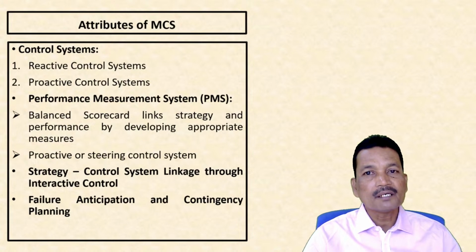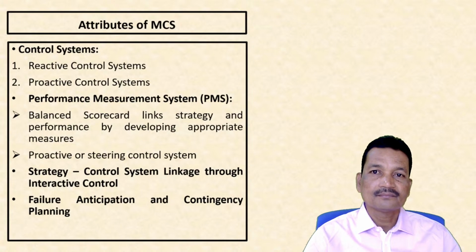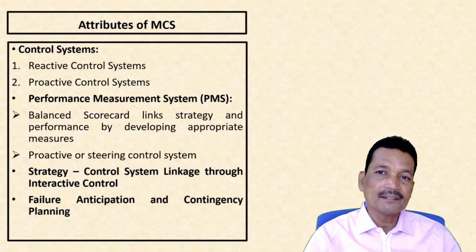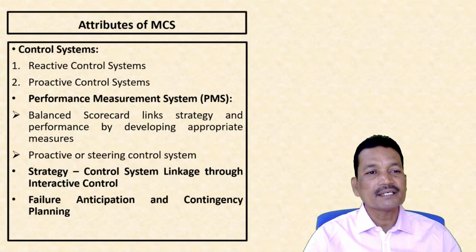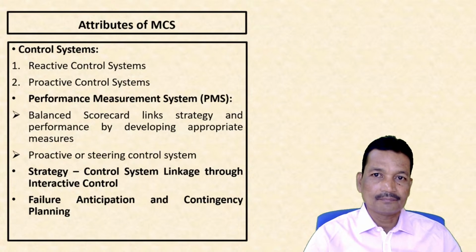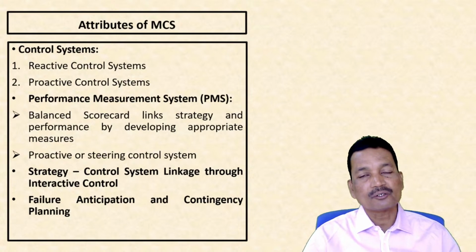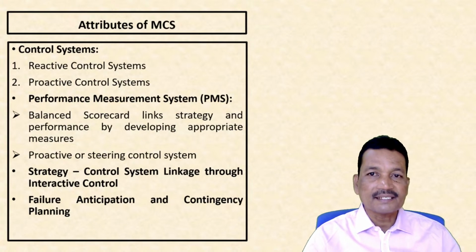So, whenever we get a result which is triggered by a certain situation, or after the situation has happened, the result will come, then we call it a reactive control system. That means the airbag here is reacting to the accident that has happened.